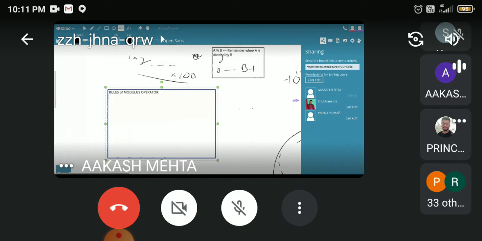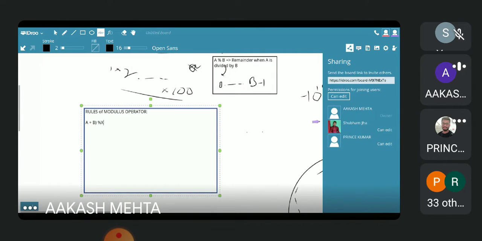Let's say you want to find a plus b, and let's say mod x. So see that this expression expands to a mod x plus b mod x, and whole mod x.